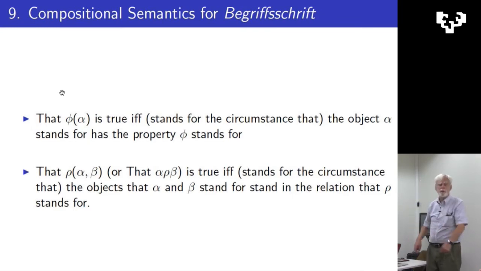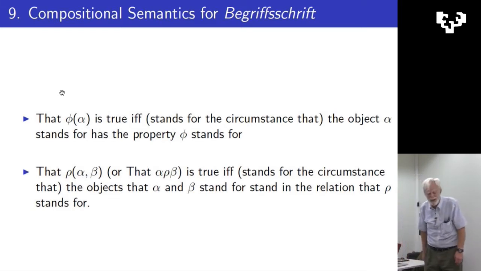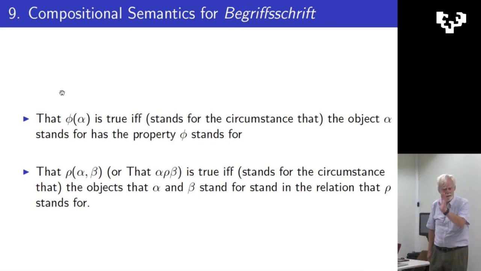If you know the compositional semantics, you look at a new sentence in the Begriffsschrift, you've fallen asleep, he's writing it on the blackboard, you're not sure what the signs stand for, but if it's of that form, you know its truth conditions in this sense. If you were to spell it out, you'd use some existential quantifiers, if Frege had existential quantifiers, which he really doesn't, but he does have a rather complex notation, but I am digressing.